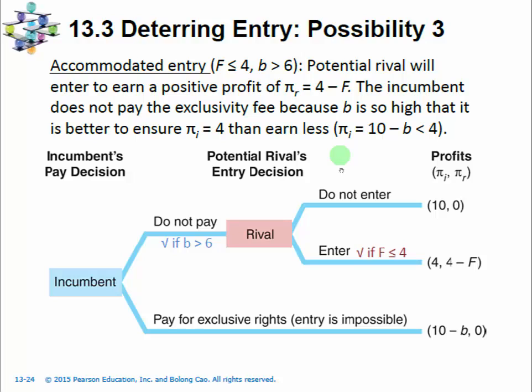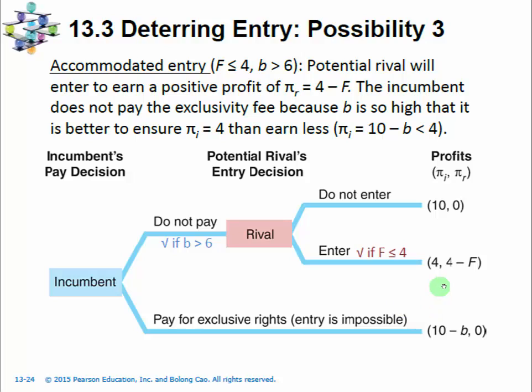But if the rival enters the market, it will only bring down the 10 by 6 for the incumbent, so the incumbent can get 4, which is higher than 3. So now, because the exclusion contract costs so much, the incumbent would rather not pay for it and let the rival enter this market.